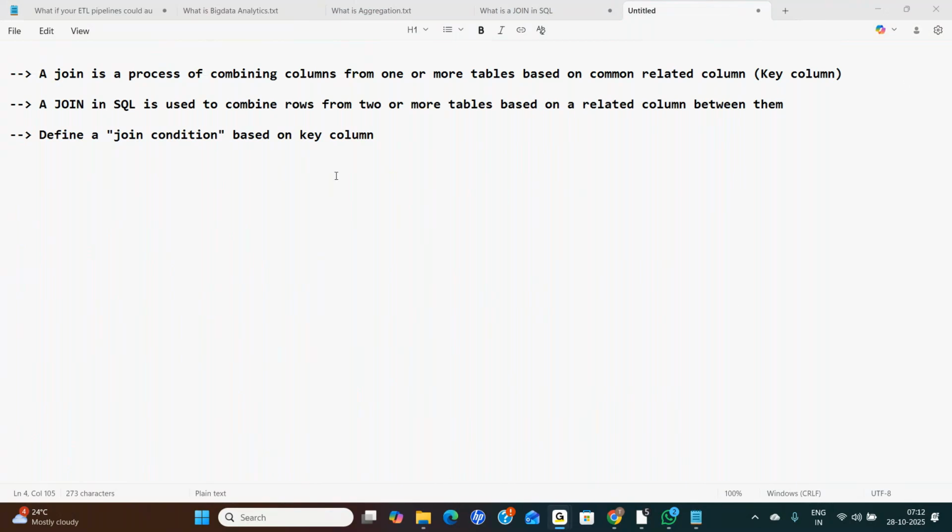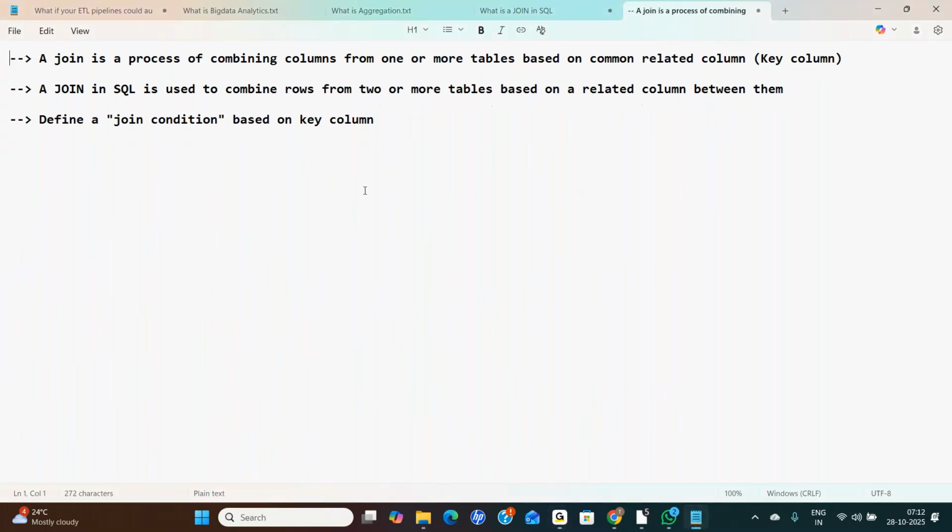Define the join condition based on a common key column. That's called the join column.